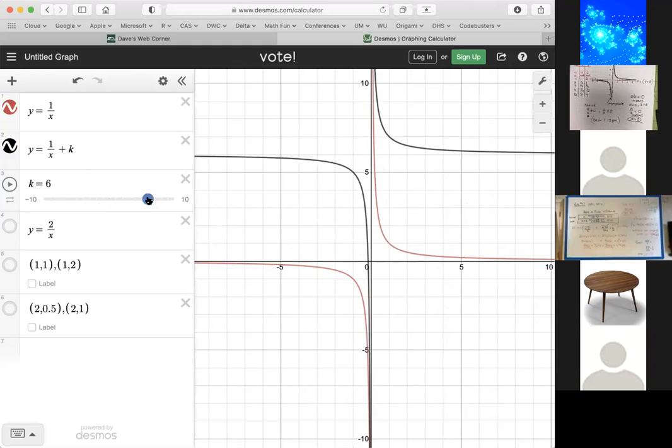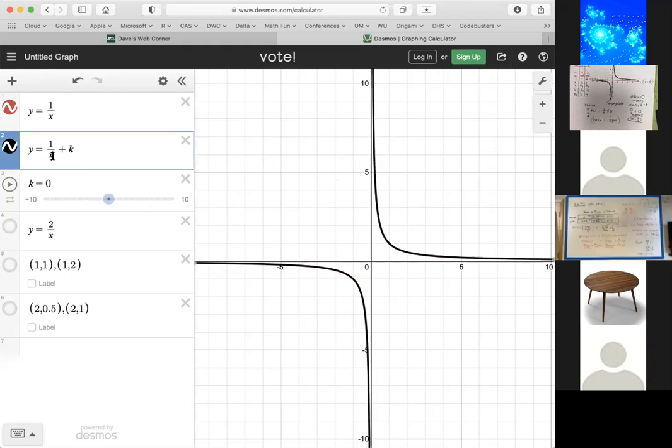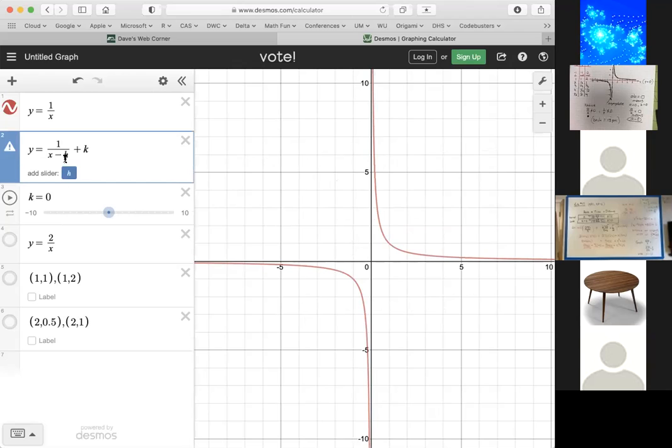So now I can move the graph left, right, down, and up. Could we do both at the same time? Let's switch k. I need another letter. So how about h? How about subtract h, add k?